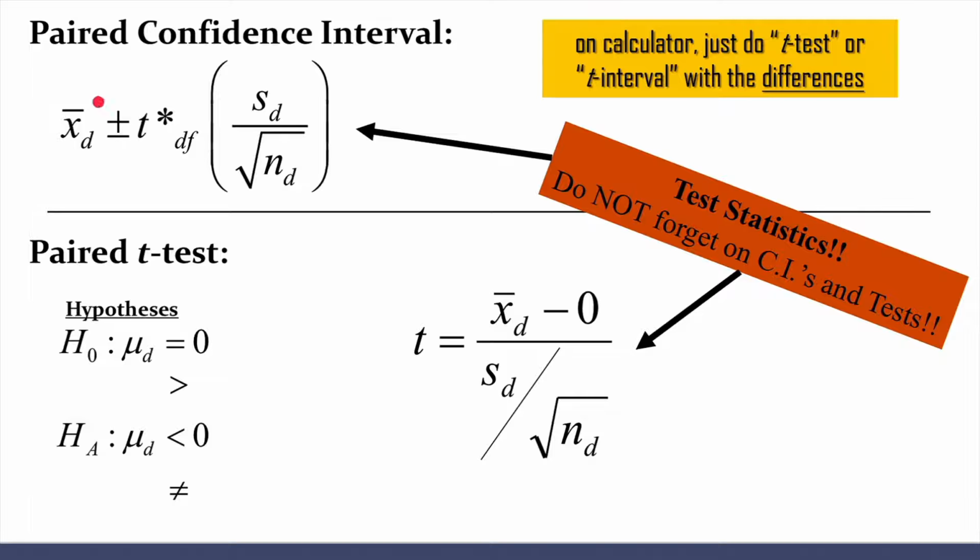So X bar differences is the average difference between all of them. Same thing for standard deviation. On the calculator, we're just going to do t-test or t-interval, with the differences being the only thing we use.